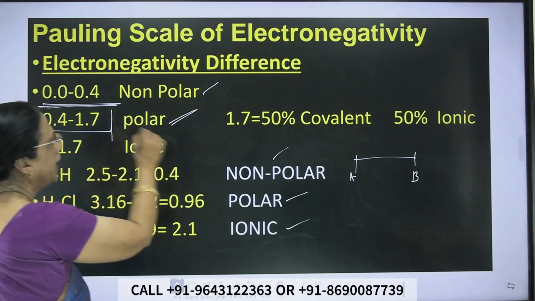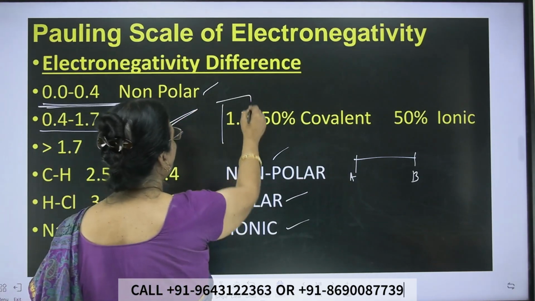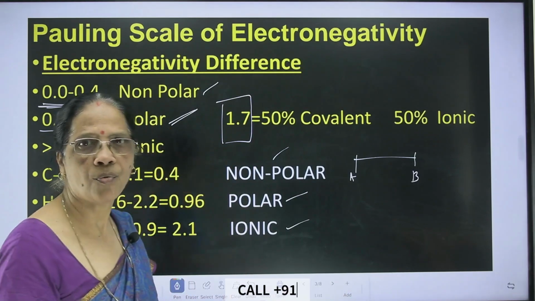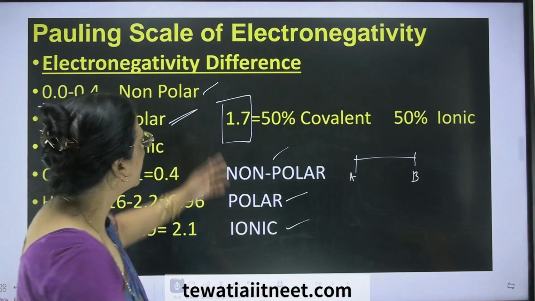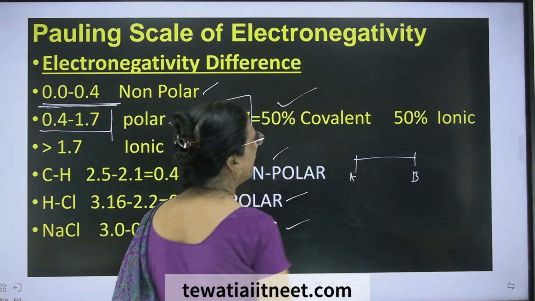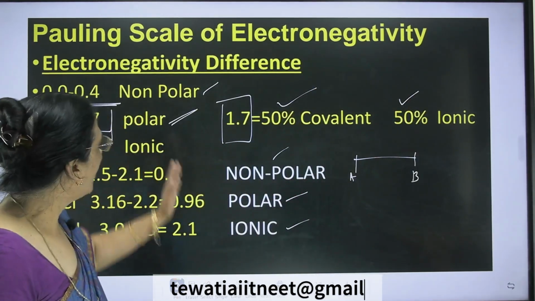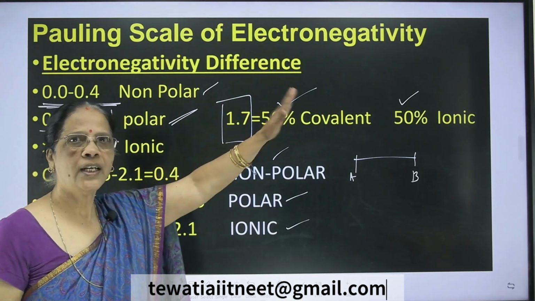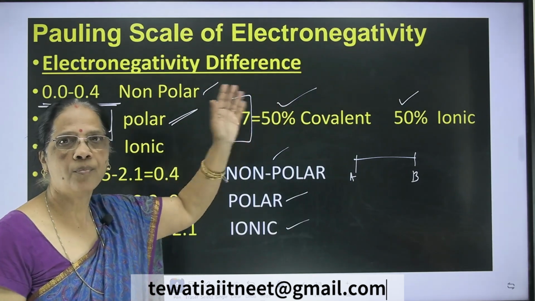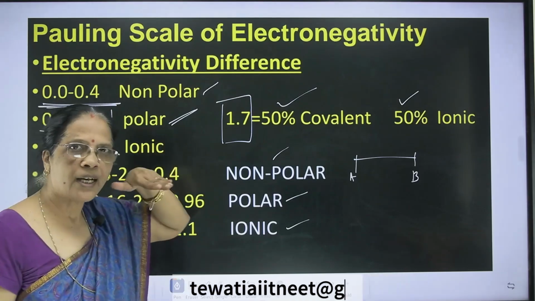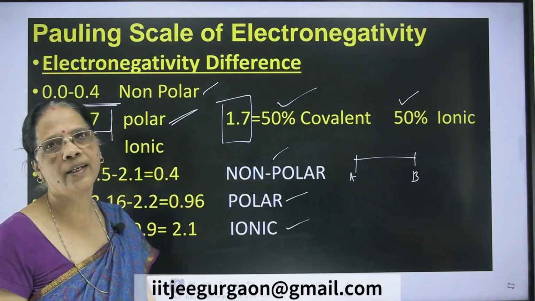And at 1.7, when the electronegativity difference is 1.7, it is assumed to be 50% covalent character and 50% ionic character, clear. Now when the electronegativity difference is more than 1.7, then gradually the ionic character will increase, clear.